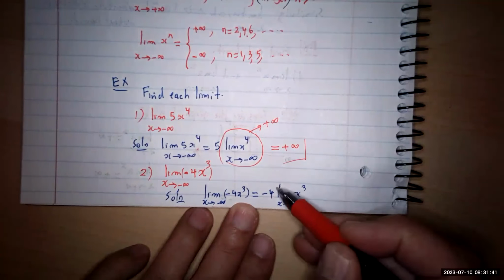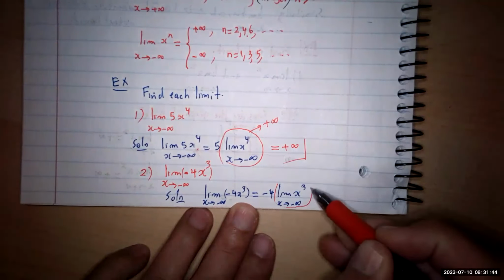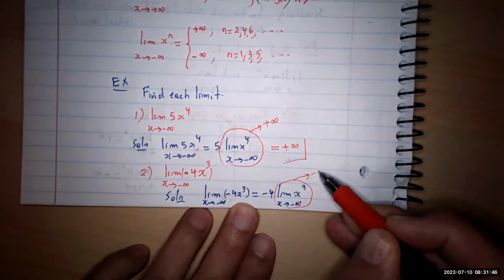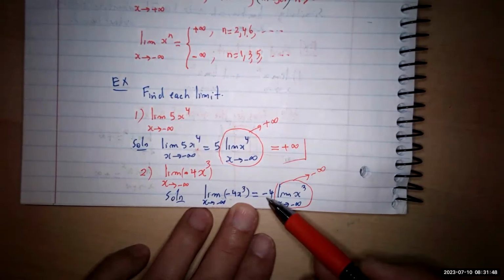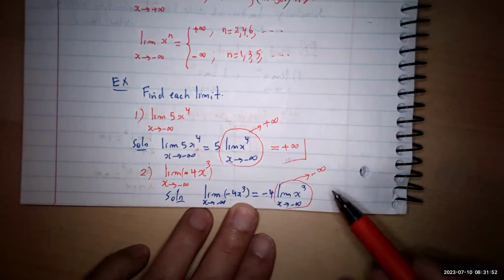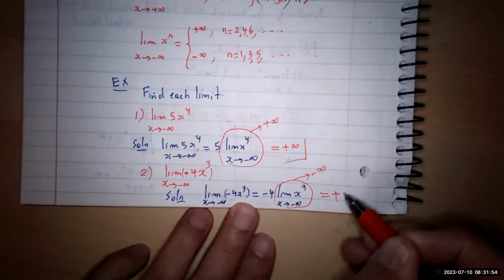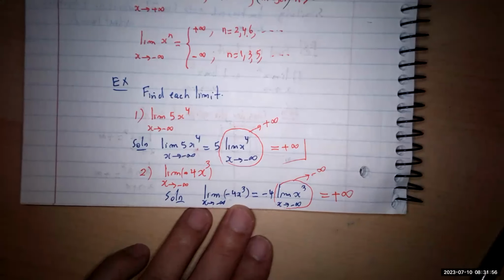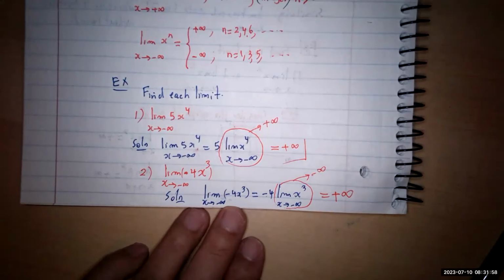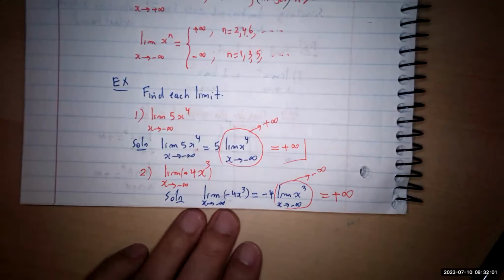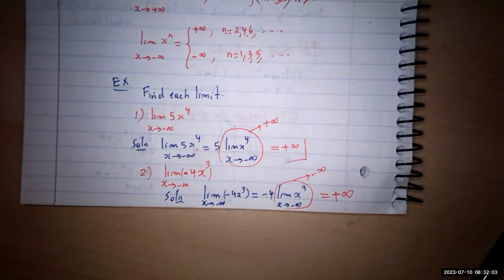So this part over here is going to be a negative infinity, but you have a negative 4 here. So negative times negative would be positive. So the result would be a positive infinity. Okay, so be aware of those coefficients that we are going to have. Any question?